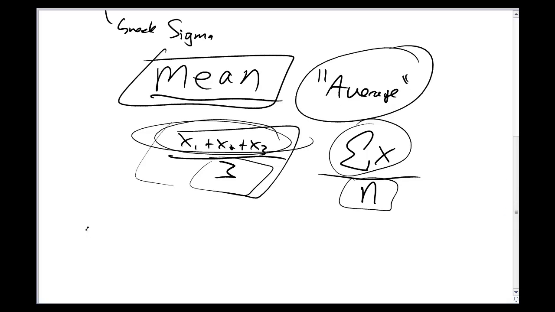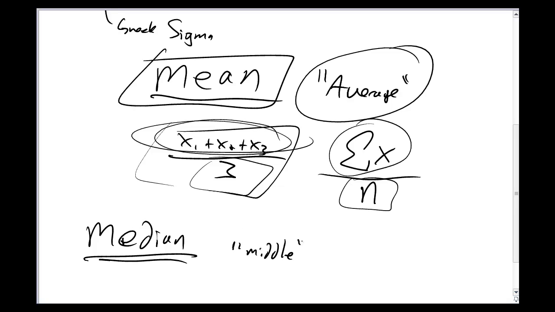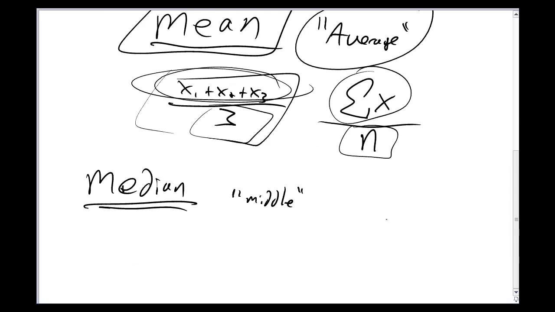Then the next sort of thing that could mean average is the word median. Median means the middle. Think of the median of the road being that cement strip in the middle of the road. Well, that's what this means. And so median is the middle number in a long list of numbers. If you have an odd set of numbers, well, then it's going to be the one exactly smack in the middle.